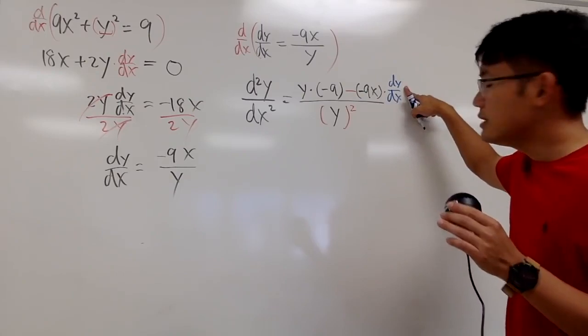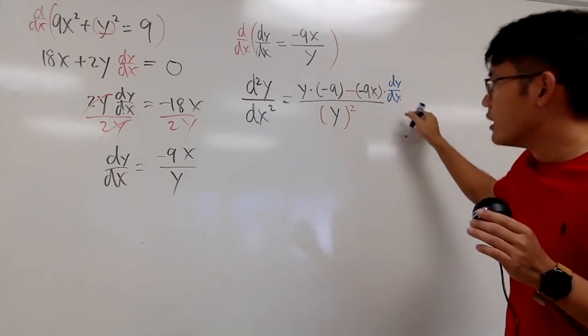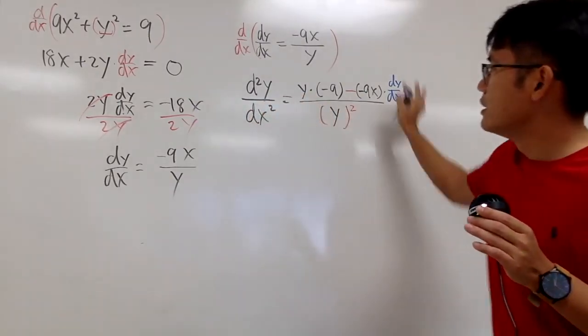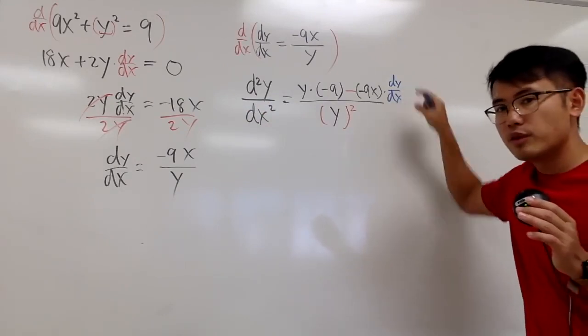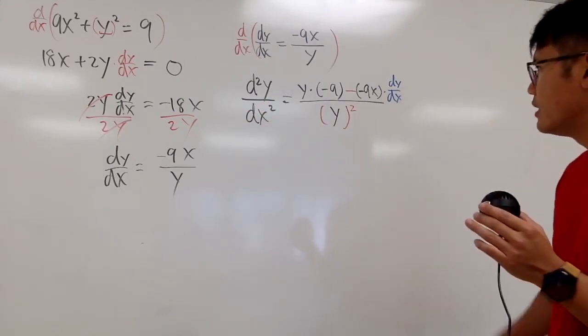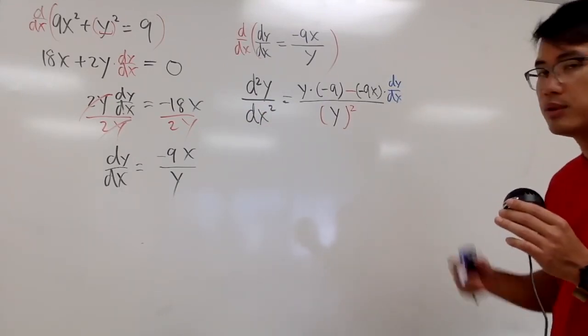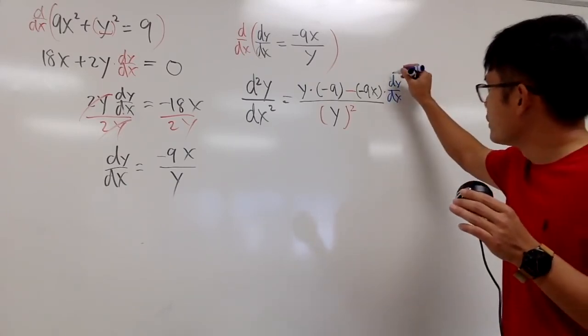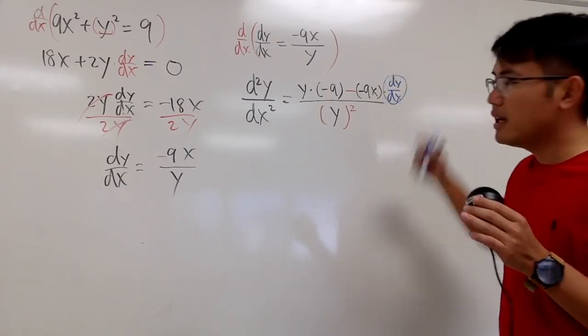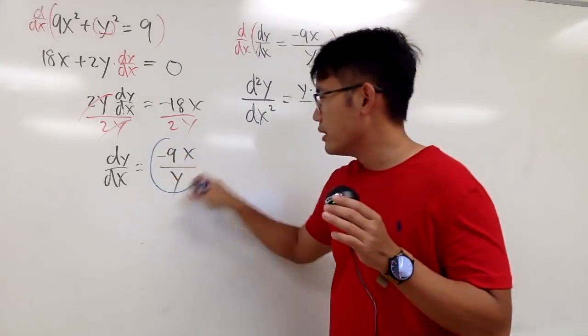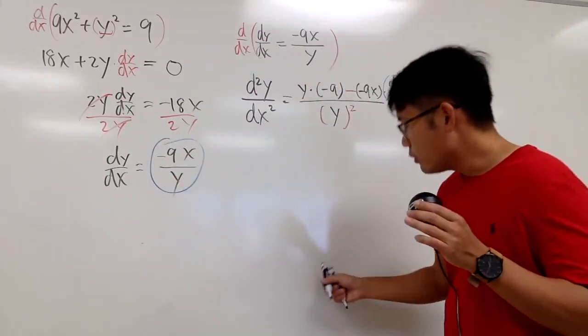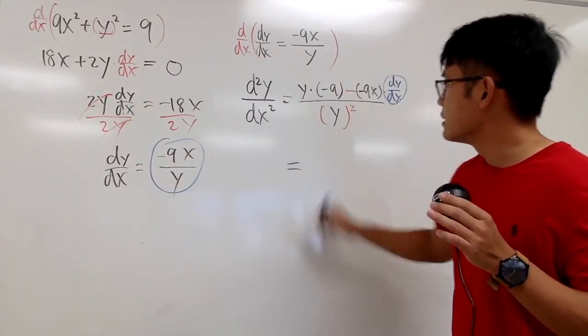And notice, this is just the first derivative. So the second derivative is that, and we do have the first derivative right here. And if you look at this, one of the ways to simplify this is, we already know what dy/dx is, which is this right here. So let me clean things up for you guys.